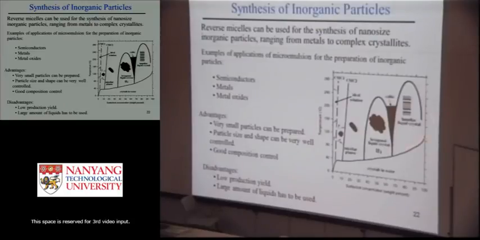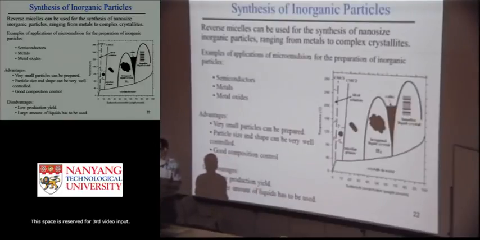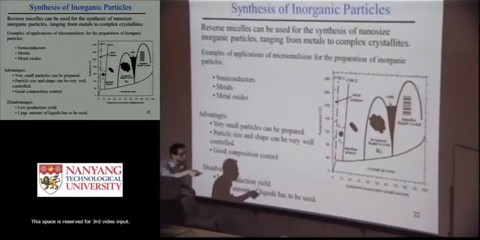But here I have to mention that this particular phase diagram, although some values are given, refers to a particular surfactant. If you change from one surfactant to another, the phase diagram will change slightly, but the general change is similar. Only the boundary values, the concentration values, may be different, and the temperature range may be slightly different.